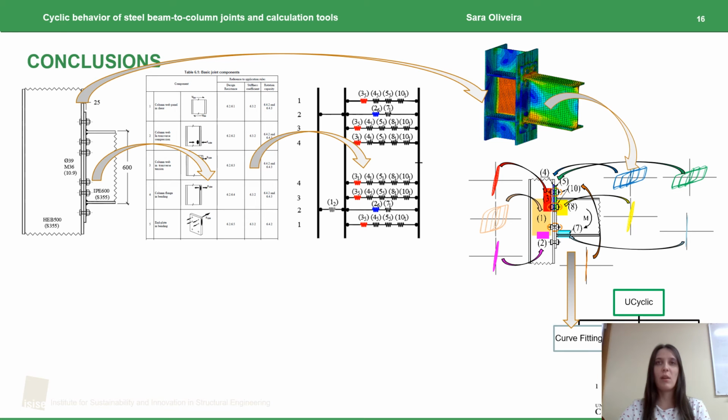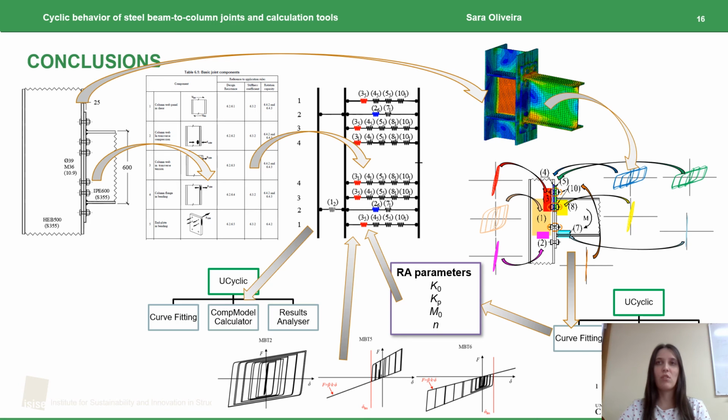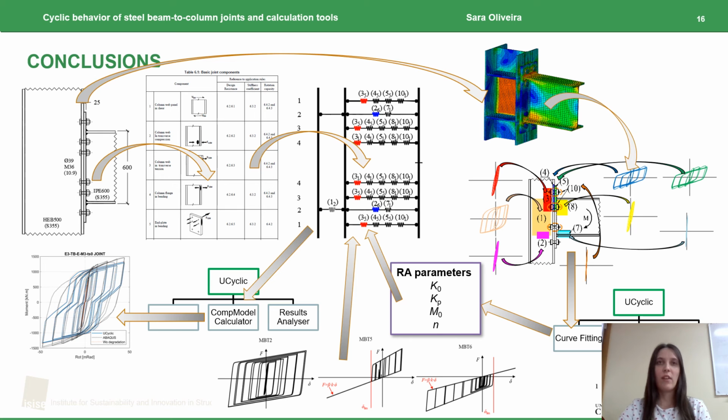Computation of the Richard-Abbott parameters using curve fitting. Assign a mechanical behavior to each component. Computation of the cyclic behavior of the joint using CompModel Calculator. And finally, results: moment-rotation curves for the global behavior of the joint and force-deformation curves for each component.